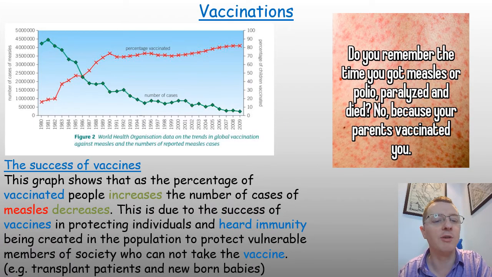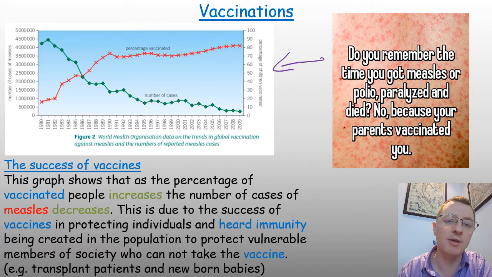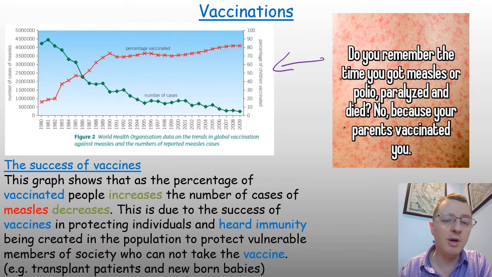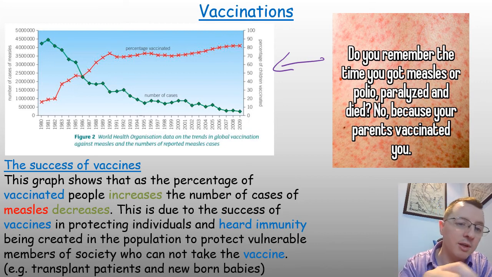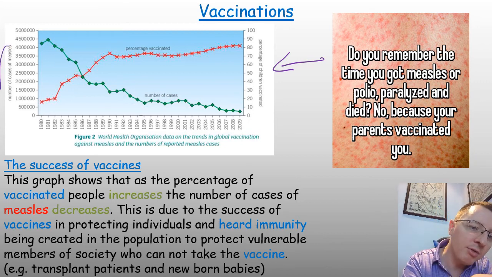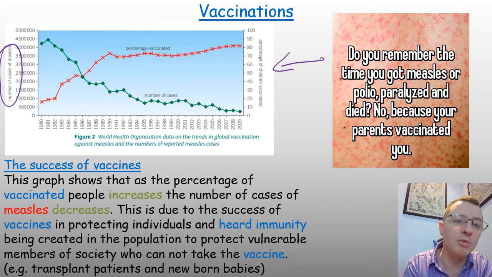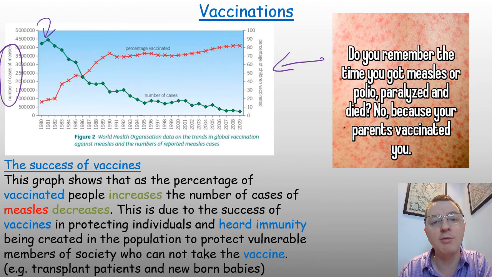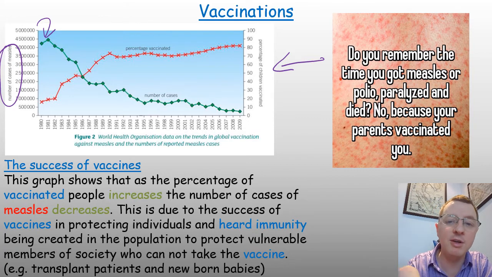How successful have vaccines been? We'll just pause the video for a moment and take a moment to look at this graph here. This graph shows several different things. On the left hand side we've got the number of cases of measles, and that's shown in the green line. On the right hand side we have a percentage of children who have been vaccinated, and that is shown in the red line.